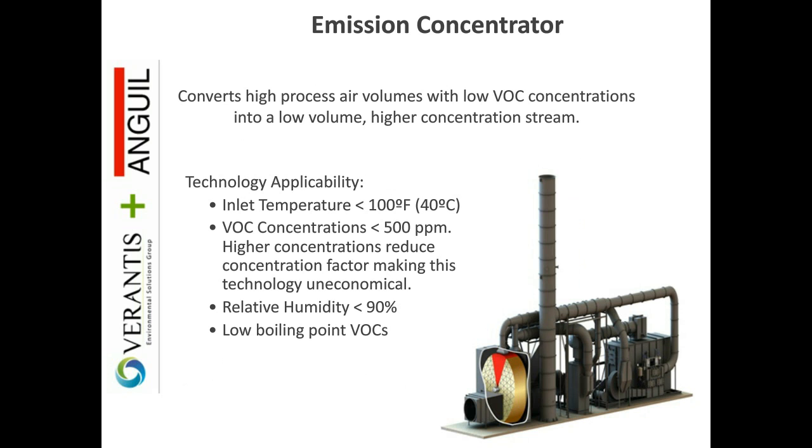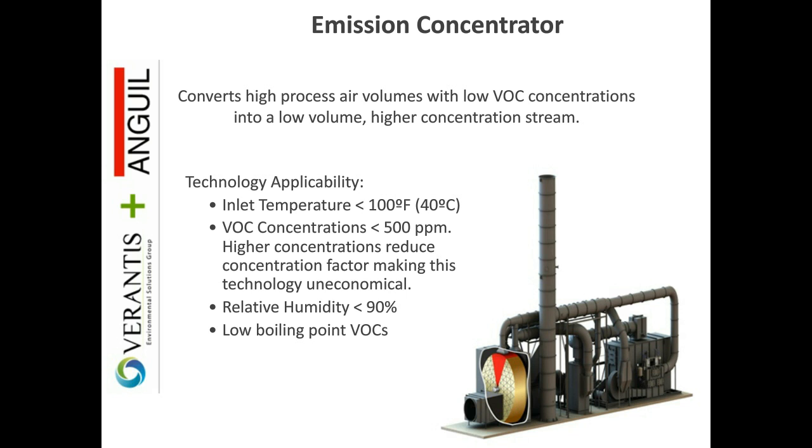This is the emission concentrator system that I had talked about. Now, one thing to keep in mind as I talk a little bit about this is the concentrator system itself is really two parts. There's a concentrator wheel, which you can see in the cutaway on the left-hand side of the schematic, but there's still an oxidizer present.